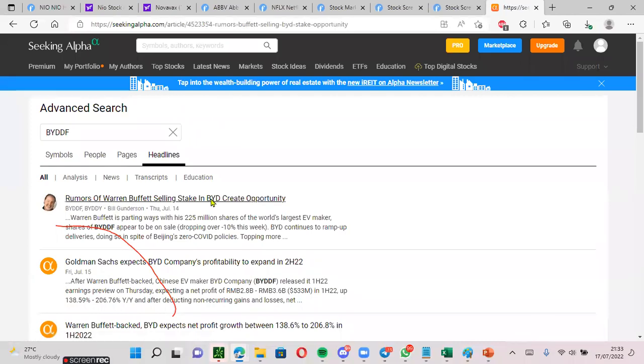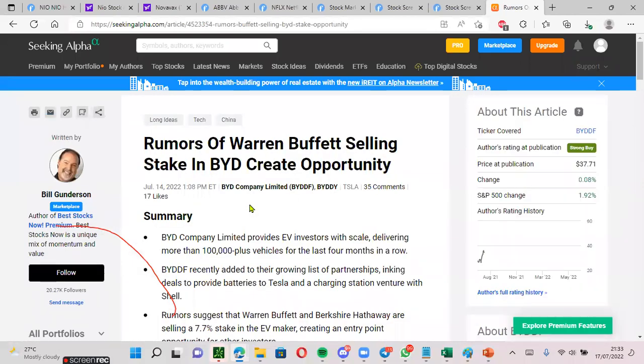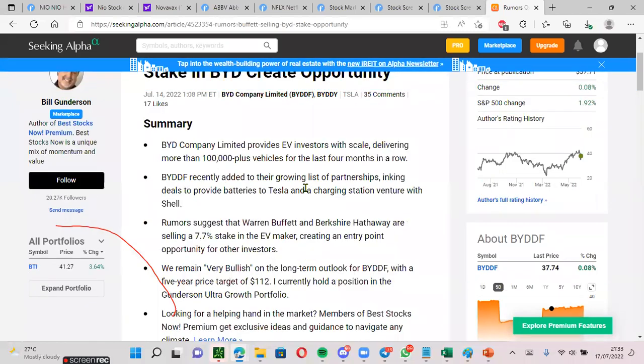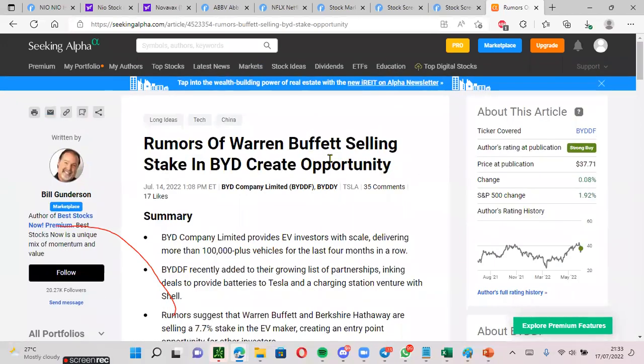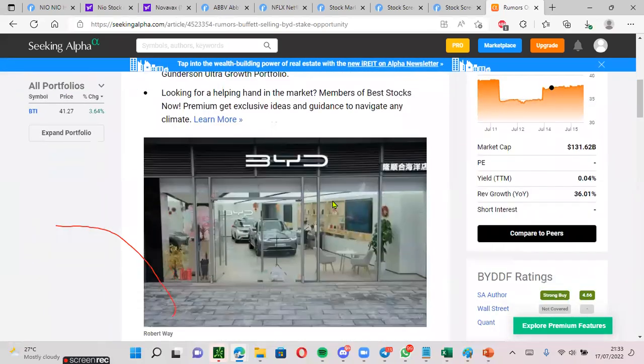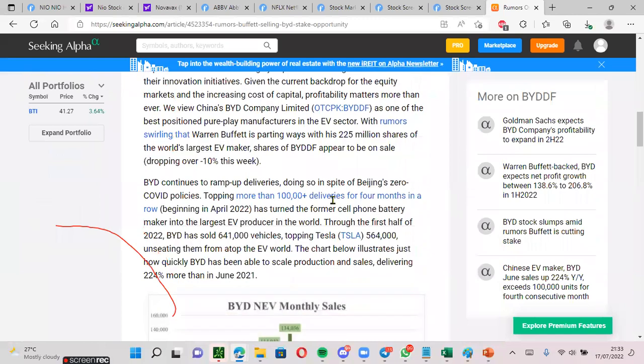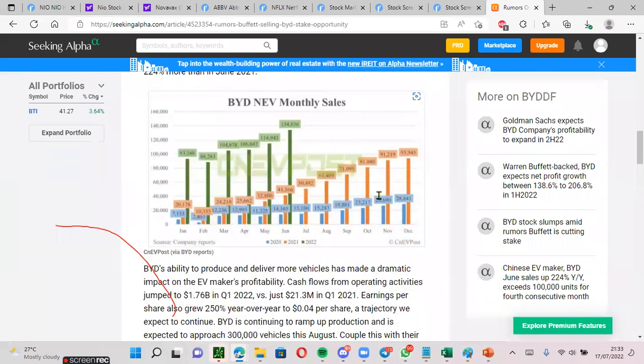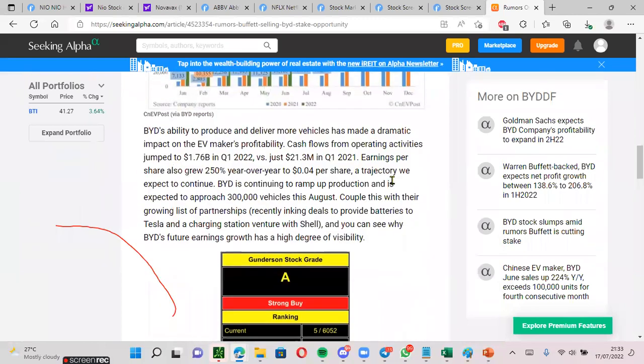I don't know much about it except the news, so we can have a look. Yeah, you got it right here. BYD, of course, heavy investors will scale. Actually, BYD outperformed any other EV maker. Obviously, Warren Buffett picked it.